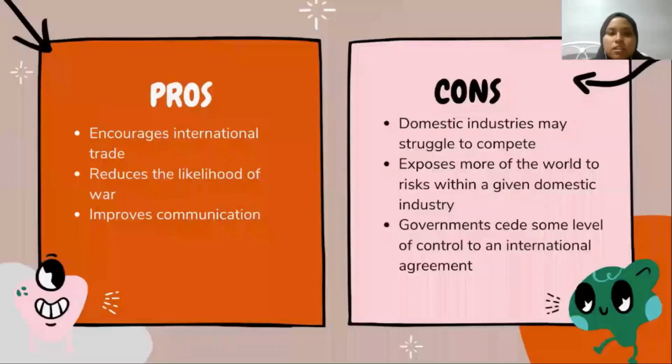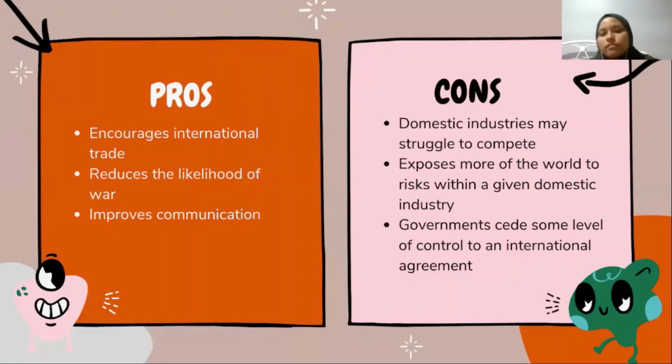Next, the pros and cons of GATT. The pros are, first, to encourage international trade. Second, to reduce the likelihood of war: when more countries trade with each other, war becomes less likely, and GATT also promotes world peace. The last is to improve communication.